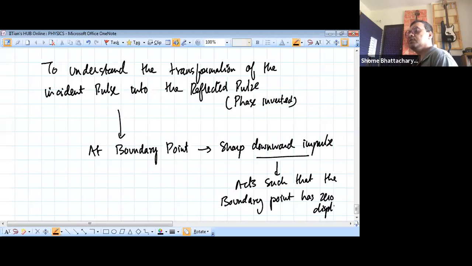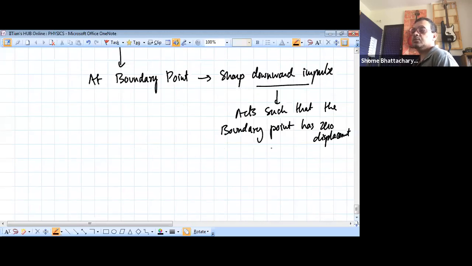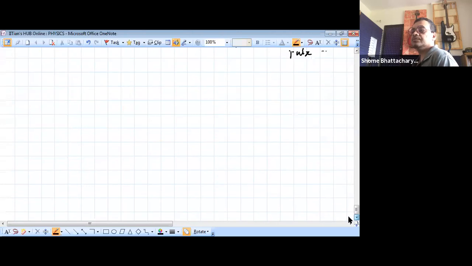That particular point of the string that is attached to the boundary has zero displacement. And that is what creates a phase inverted pulse.